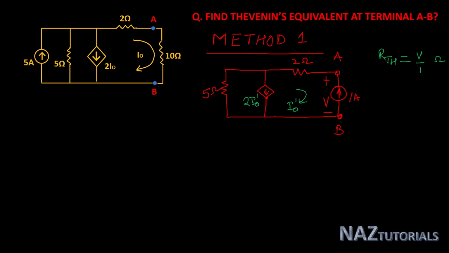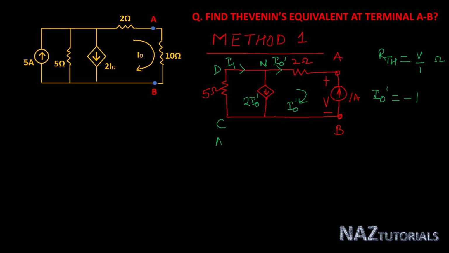Here you can assume this current is I1 and this is I naught dash, and this I naught dash is equal to minus 1 ampere according to the current source direction. And if you assume this is node N and our circuit points are A, B, C, D.